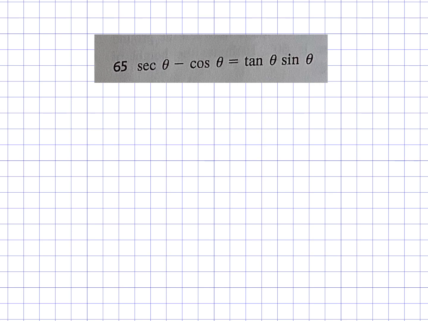Okay, secant theta minus cosine of theta. I don't see any squares here. It's not that we can't put square roots in, but when there are no squares, let's think about the reciprocal identities. The secant of theta is 1 over the cosine of theta, minus cosine of theta. Let's just do the left side first. Let's get a common denominator by multiplying by the cosine of theta.